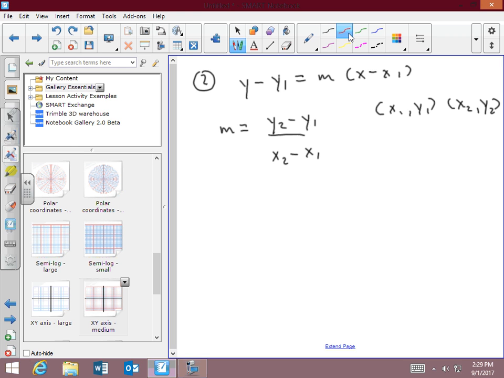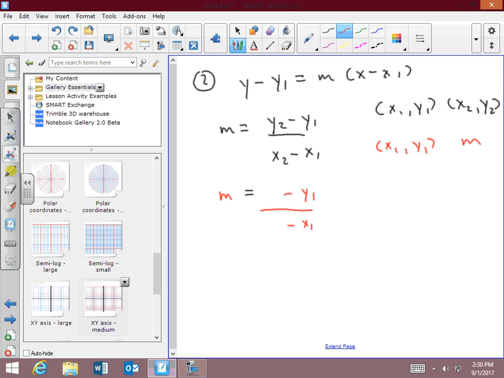Now, in this problem, we know x1, y1, and we know the slope. So we know m in that equation. We don't know y2, but we do know y1. We don't know x2, but we do know x1.